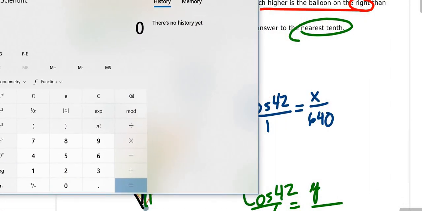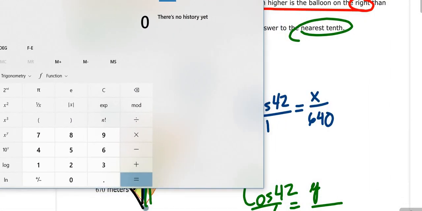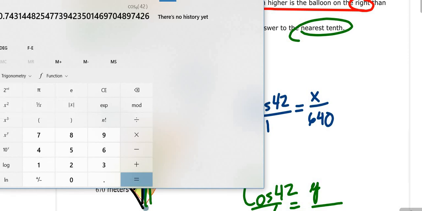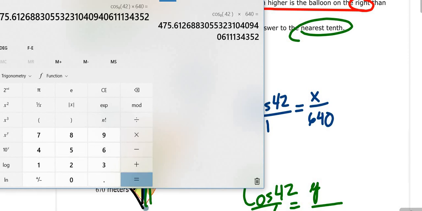Okay, so it's cosine 42 times 640. And then we have cosine 42 times 945.